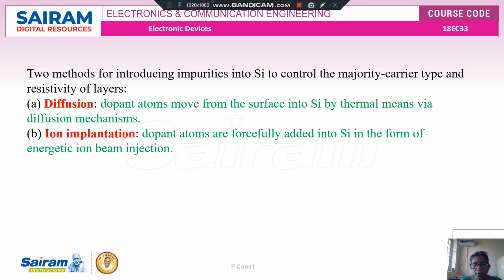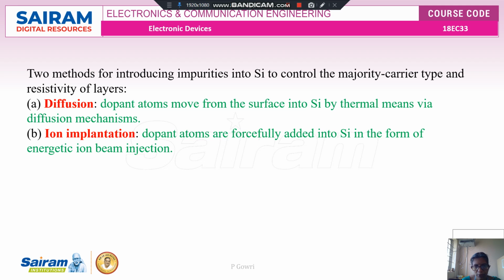Diffusion is the movement of particles from a region of higher concentration to a region of lower concentration. In the diffusion process, the dopants move from the highly concentrated surface into the silicon material by diffusion mechanisms like substitutional or interstitial.